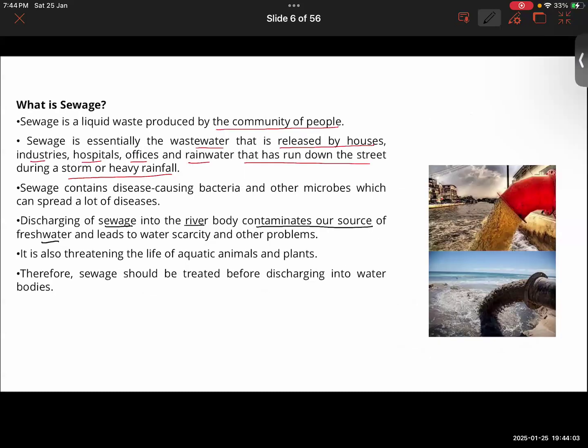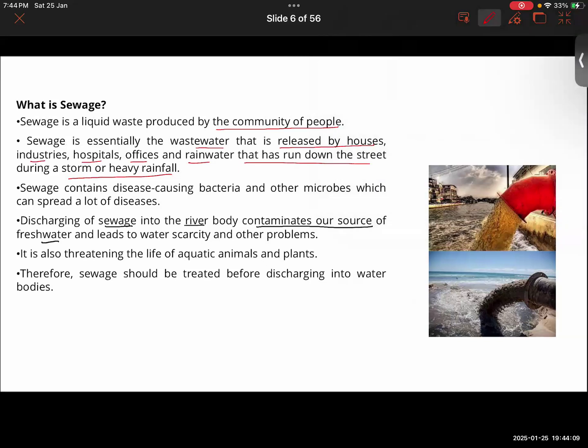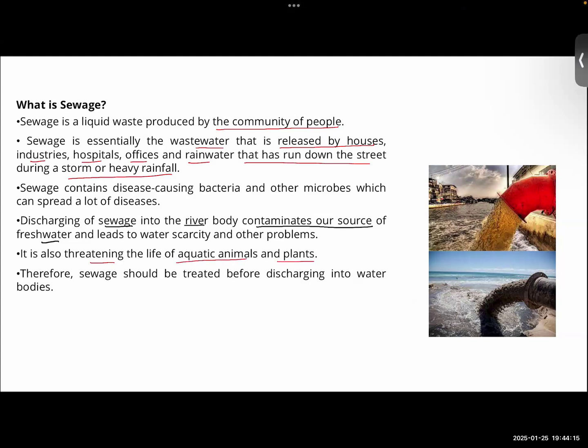Yes, sir. Right. Then it is not only a threat for us humans, but it is also a threat for the life of aquatic animals and plants. Aquatic animals that live under the water, right? So therefore, it is important that the sewage, the liquid waste that we are producing, should be treated before discharging into the water bodies.